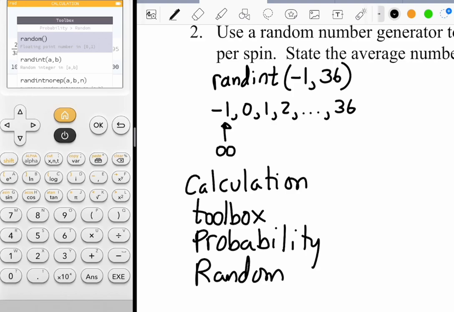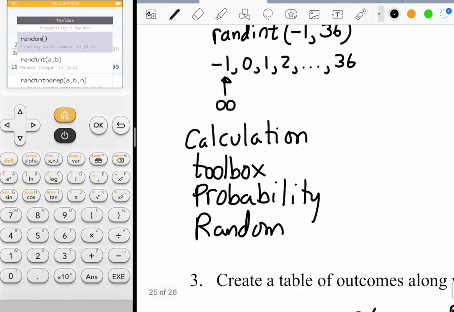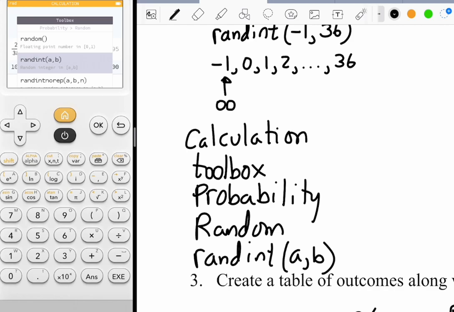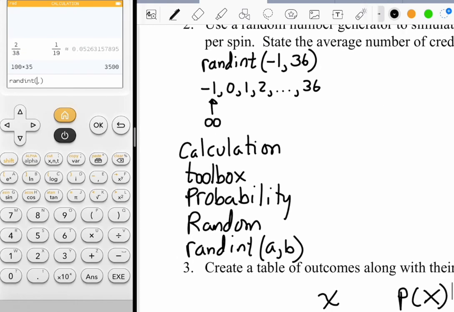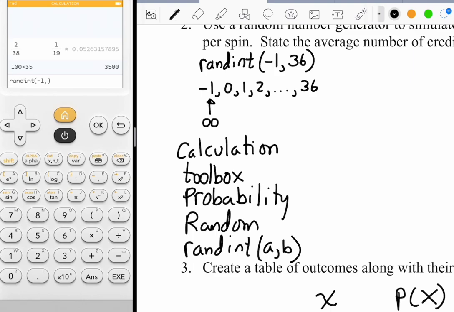And then select the randint A to B. All right, so when you select that, you put in the -1 and the 36. And then hit OK or execute. And it'll bring back a value.